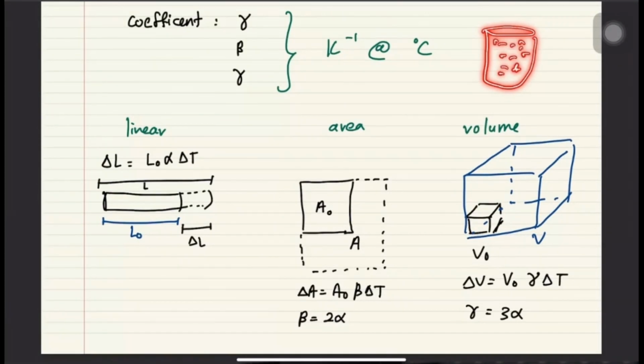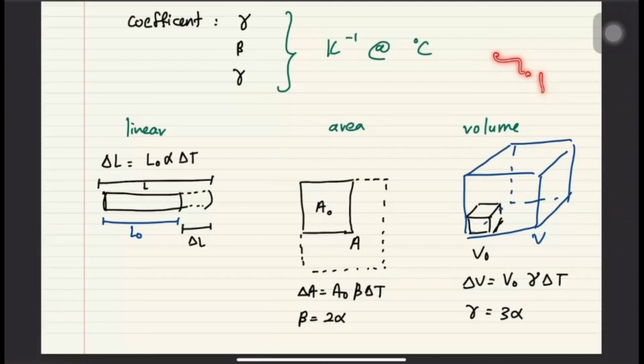So bila dia being heat up, dekat dalam ni punya water ada difference dengan container punya alpha, punya gamma tu berbeza. So bila nilai tu berbeza, so the expansion tu pun berbeza. So bila nilai expansion tu berbeza, ada akan tumpah. So biasanya dia suruh kira berapa banyak liquid tu tumpah.